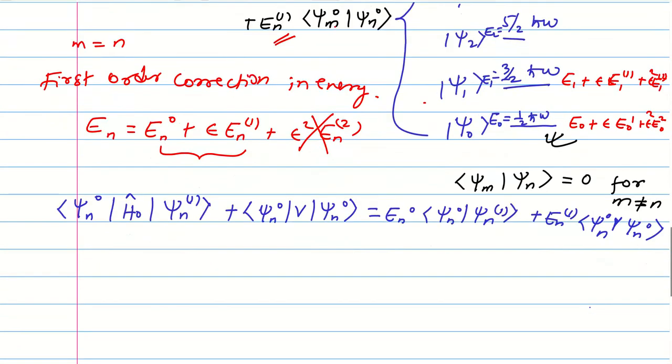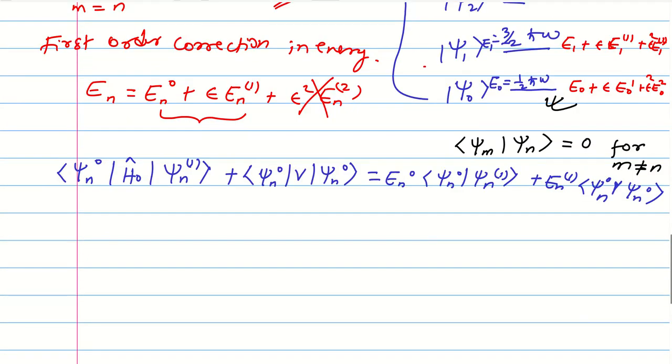Okay, now you see this H naught operator. This H naught operator is a Hermitian operator, means either it acts on this ket or it acts on this bra, the result is the same. So when it acts on this ket, you know this is an eigenket of H naught, so it will give you this eigenvalue, and you are left with this.